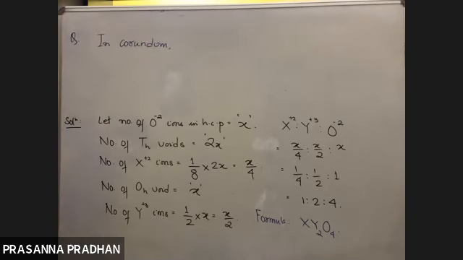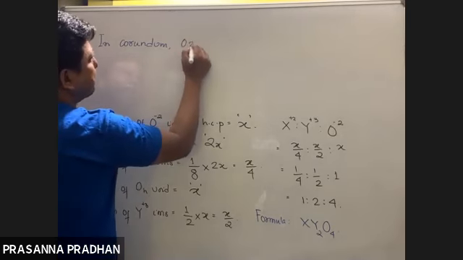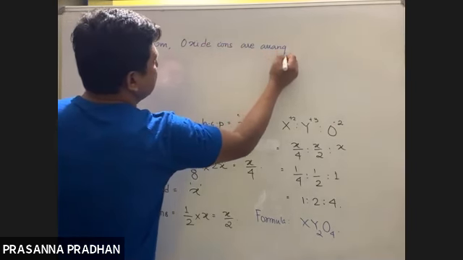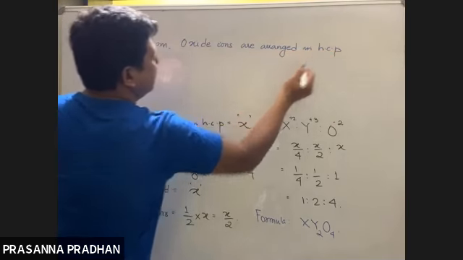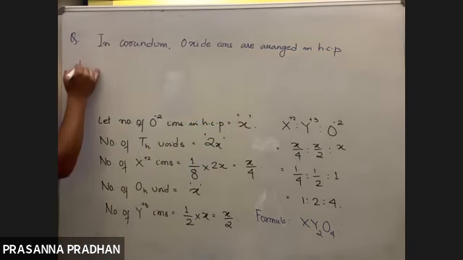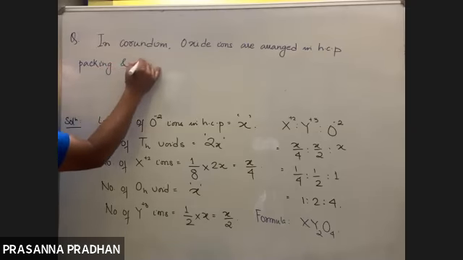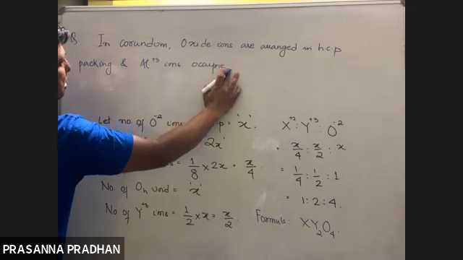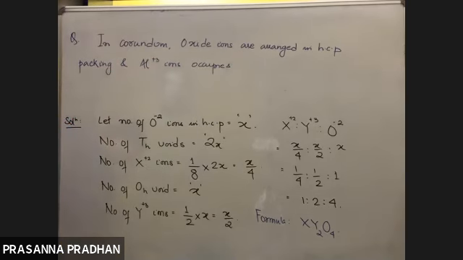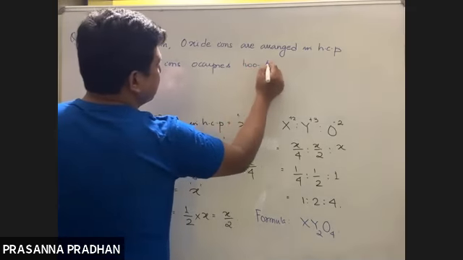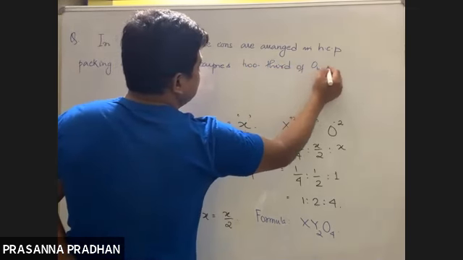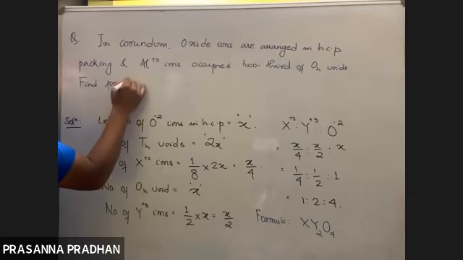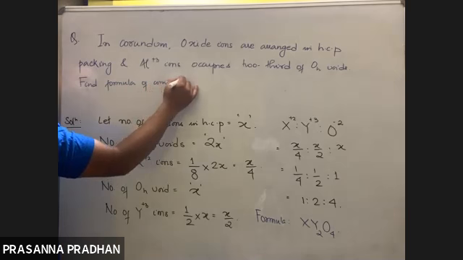In corundum, oxide ions are arranged in HCP packing, and aluminium ions occupy 2/3 of the octahedral voids. Find the formula of the compound.